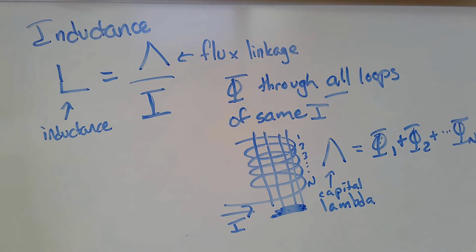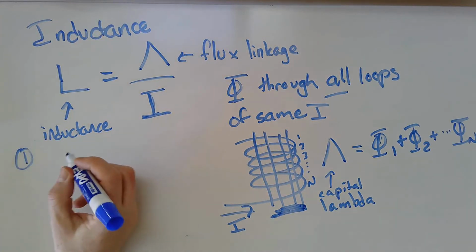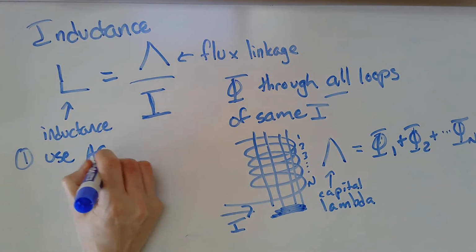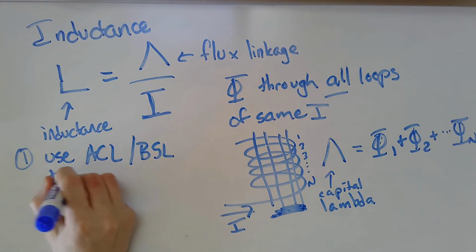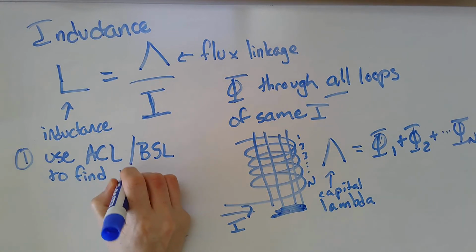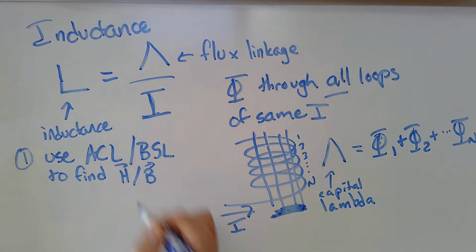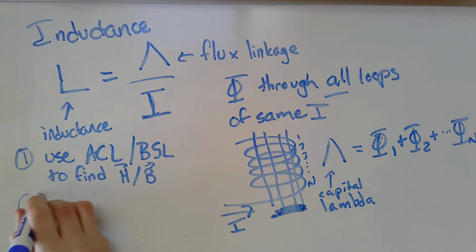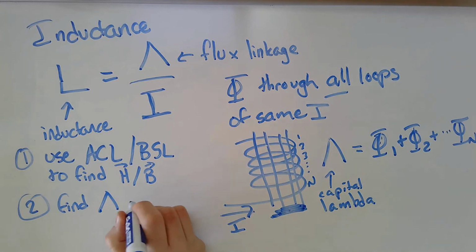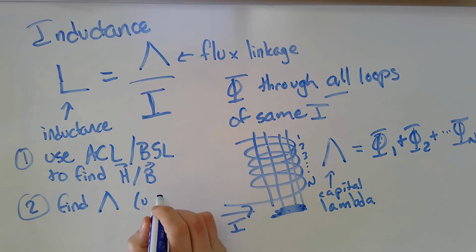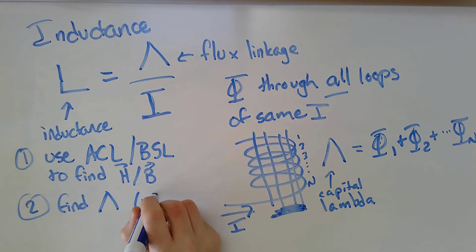We can use this to find the inductance of things, like inductors, but also other kinds of structures can have inductance too. In general, here's what you do. You use Ampere's circuital law or the Biot-Savart law to find the magnetic field, then you find the flux linkage, which usually you have to find the flux also.